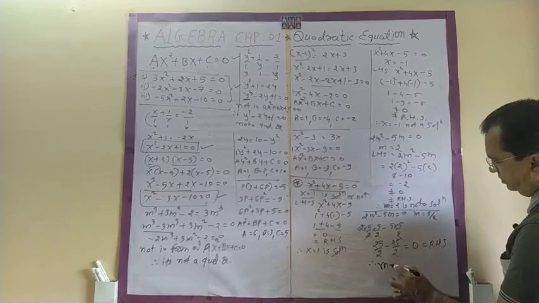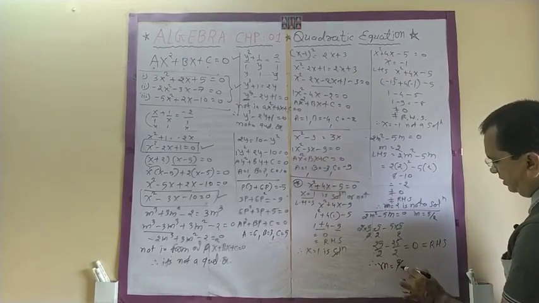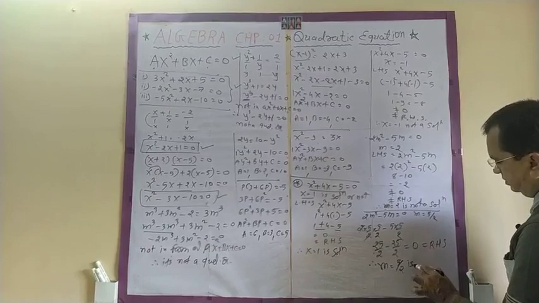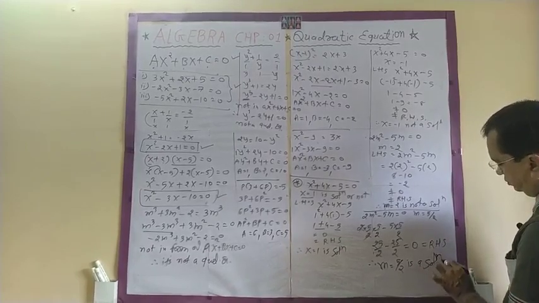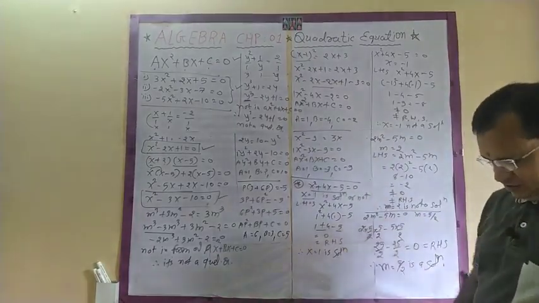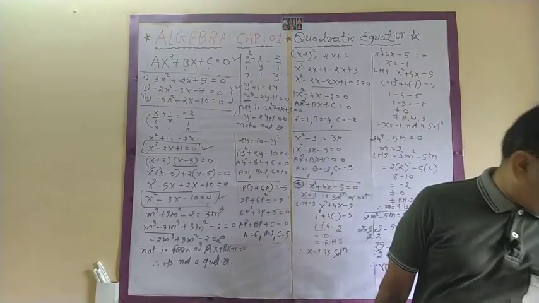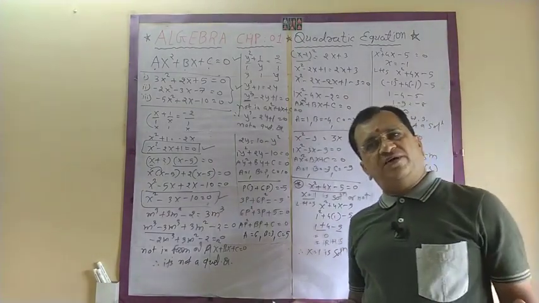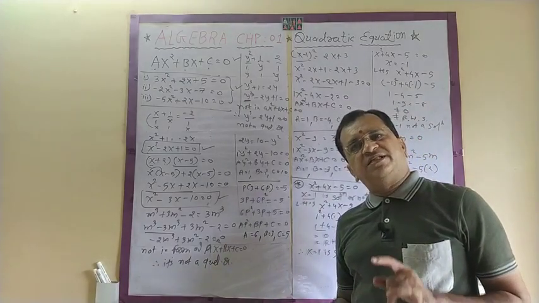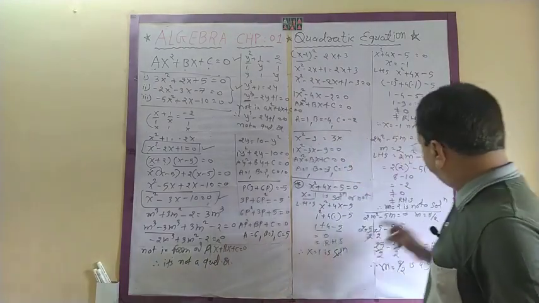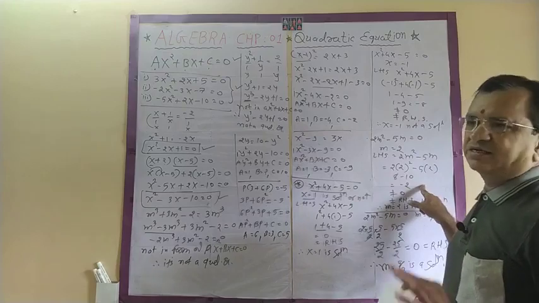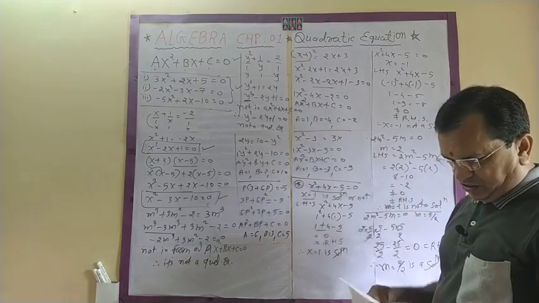Therefore m is equal to 5 by 2 is a solution of the given equation. So you have to substitute in that equation and find out if left side is equal to right side, then it is a solution. If left side and right side are not equal, then it is not a solution.